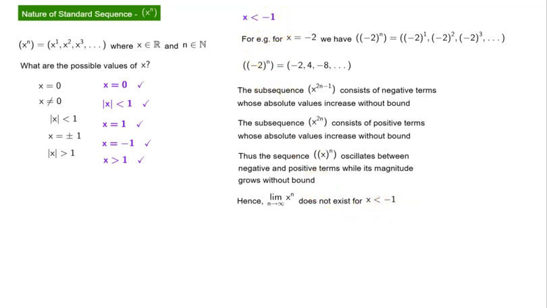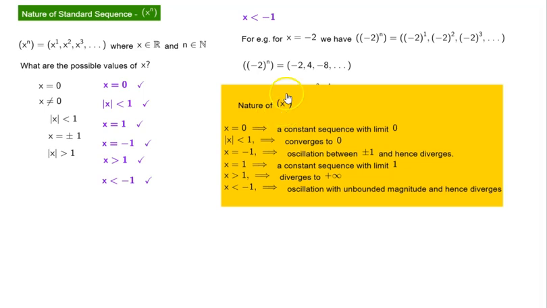So that was our last case. Now let's summarize the whole thing. We have nature of x to the power of n. When x equal to 0, a constant sequence with limit 0.